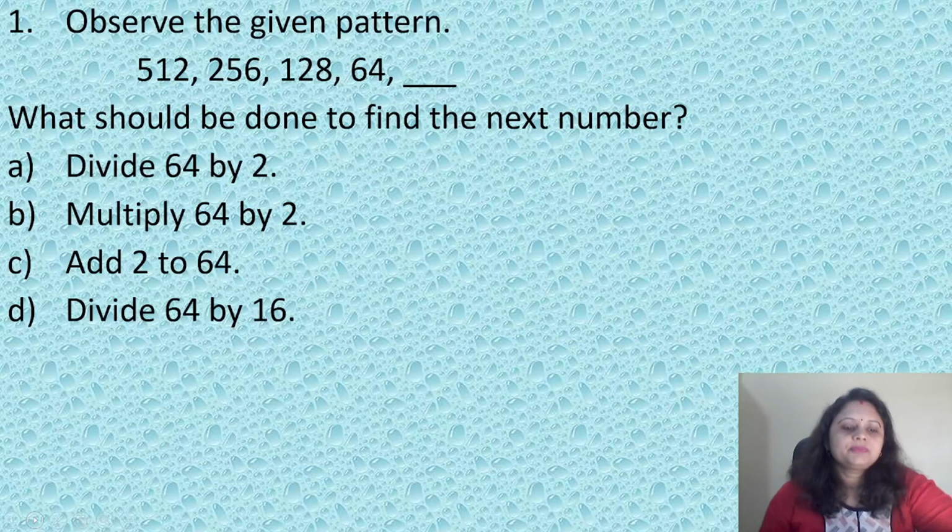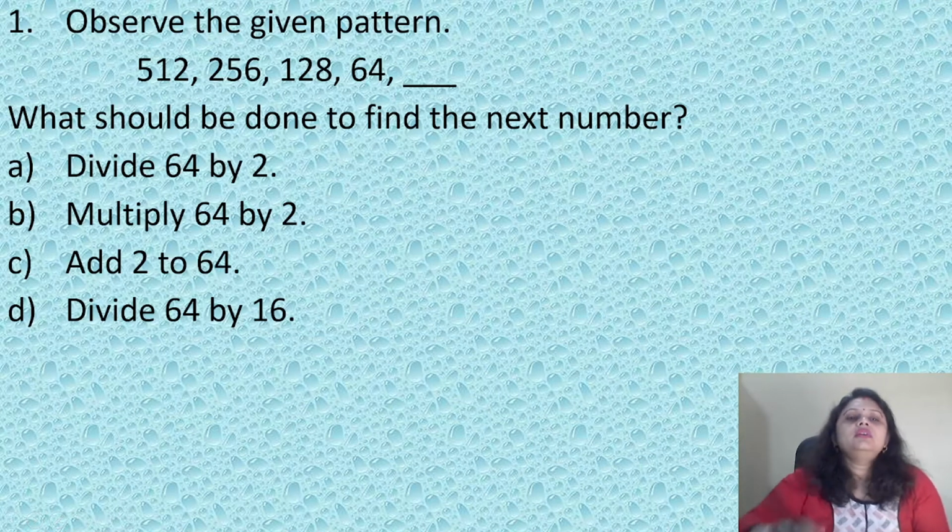Let's start. The first question is, observe the given pattern: 512, 256, 128, 64. What should be done to find the next number? You can see here there is a series, 512 to 256.